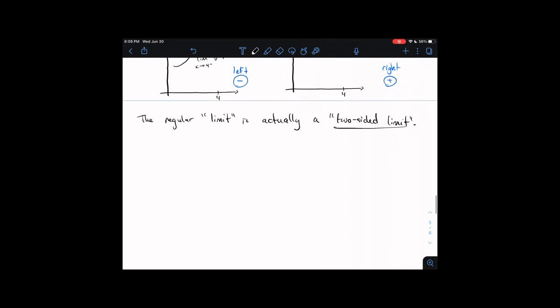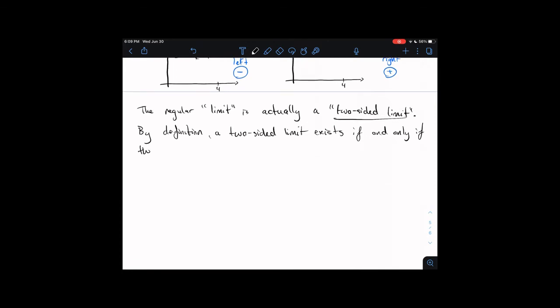So by definition, a two-sided limit exists only if, so if and only if, both of the one-sided limits exist, and they equal the same number.